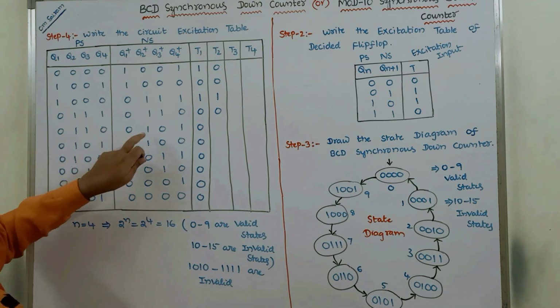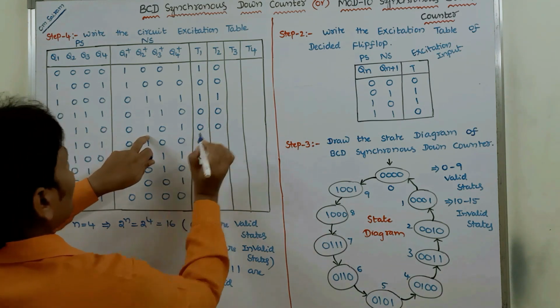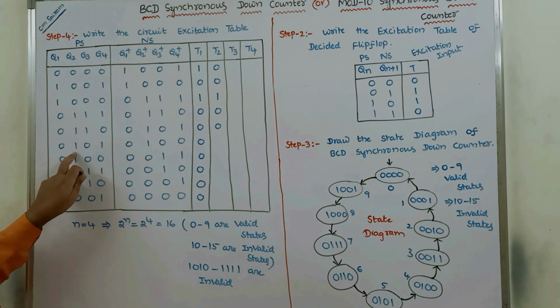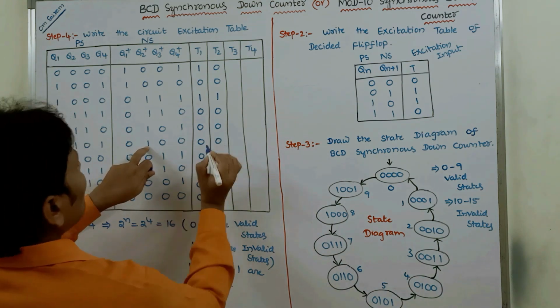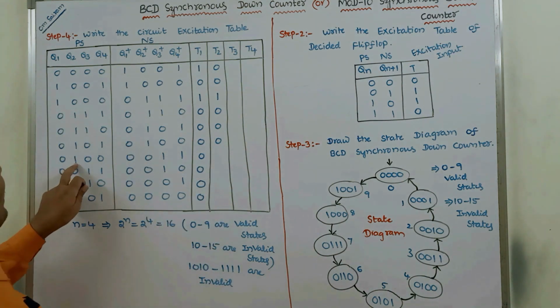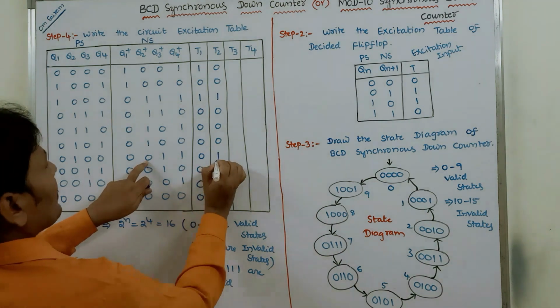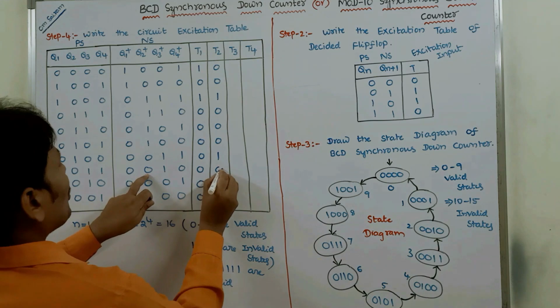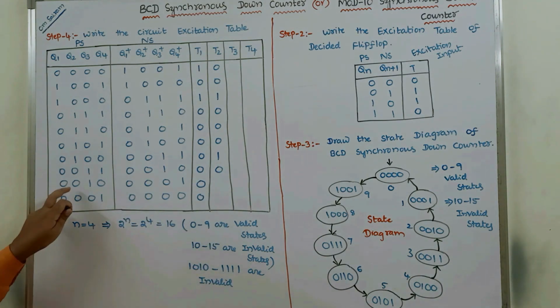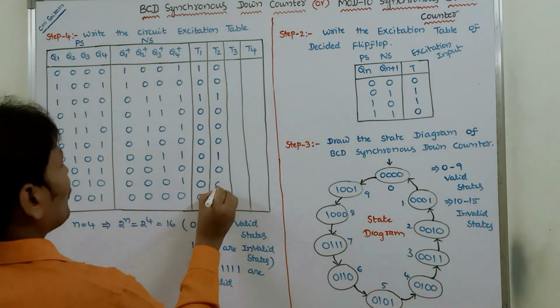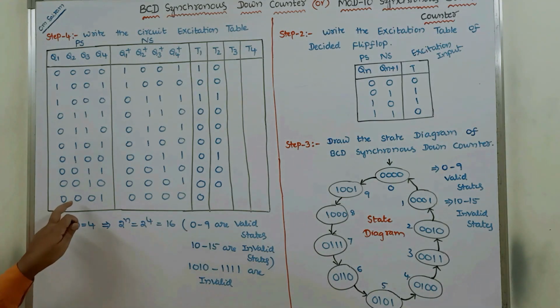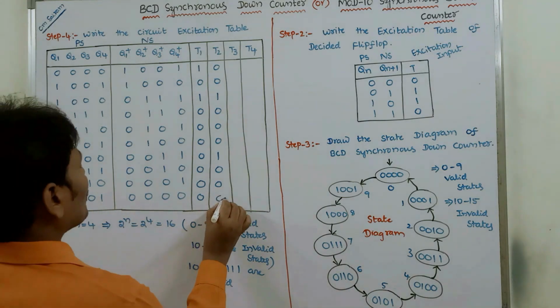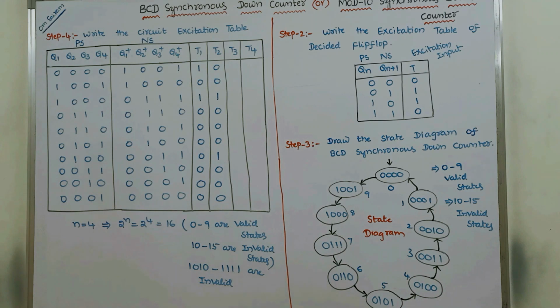Here 0, both bits are different, T2 value is 1. In the remaining rows, both bits are same, T2 value is 0.